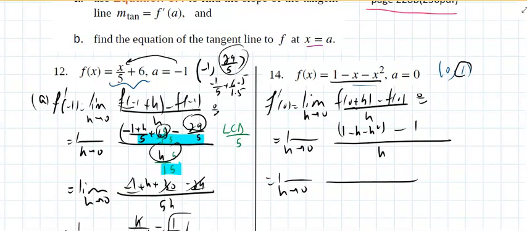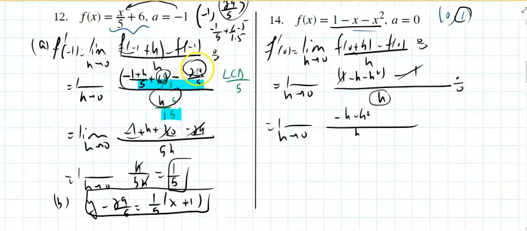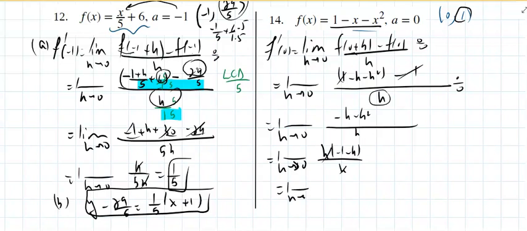Again, here I get 0 over 0. I'll get 0 over 0 all the time until I cancel that h. So that h will cancel out every time. Now I notice those two cancel out. If I factor an h out of the top, I'll get the limit as h approaches 0 of -1 minus h.